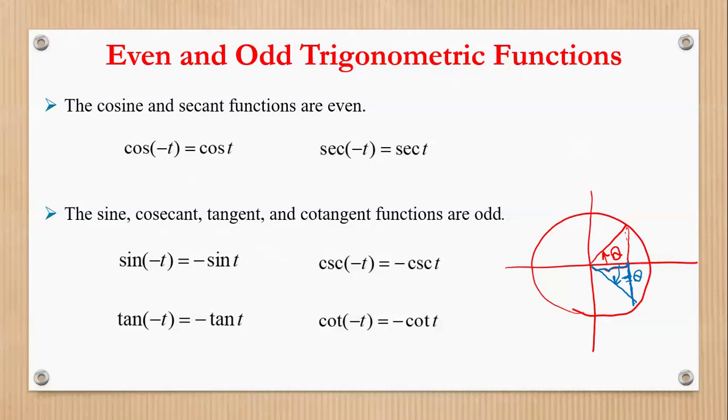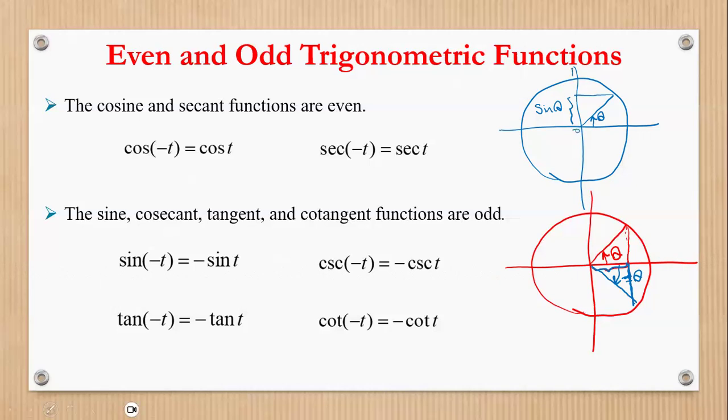But for sine, for example, if I have angle theta and I want to find the sine of this angle, I connect it to the sine axis, and that's my sine theta. It can be 1/2, it can be root 3 over 2, it can be root 2 over 2, it can be any number between 0 and 1.